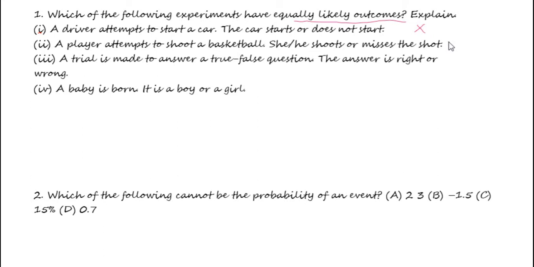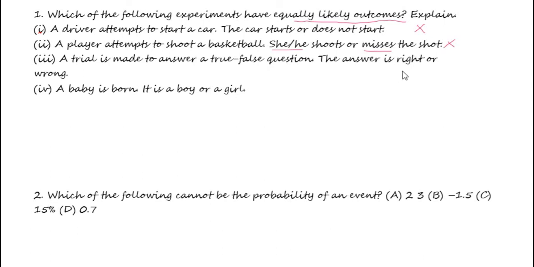So this also does not have equally likely outcomes, because if the player is not at all good, he or she may always miss. If the player is good, he or she may always shoot it. So it depends upon the player. So the event does not have equally likely outcomes. Third one, a trial is made to answer a true or false question.